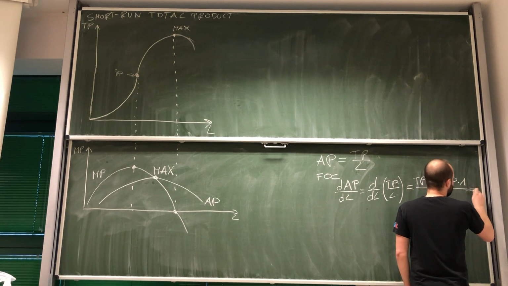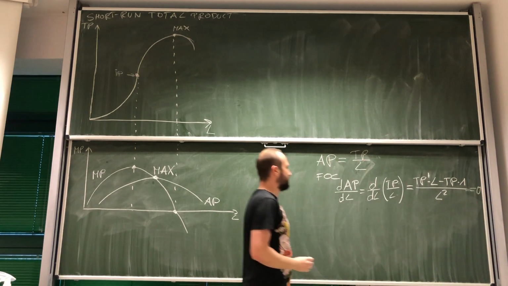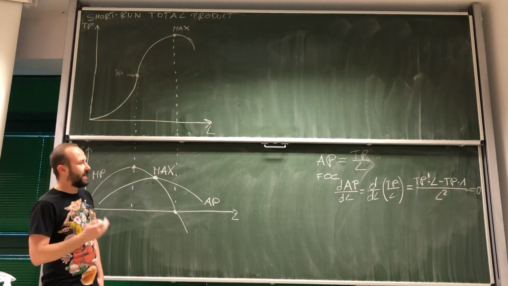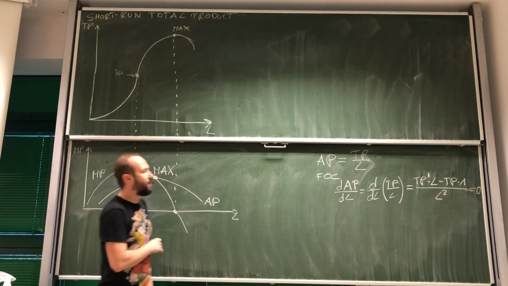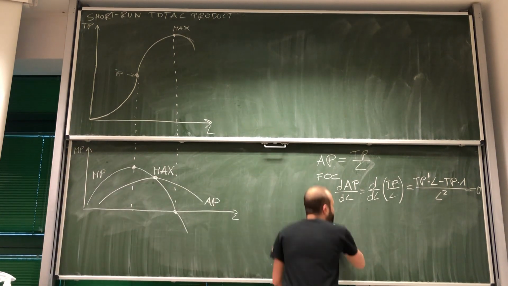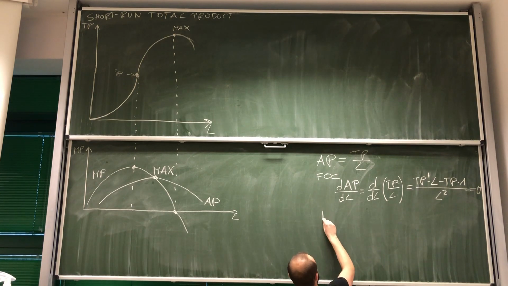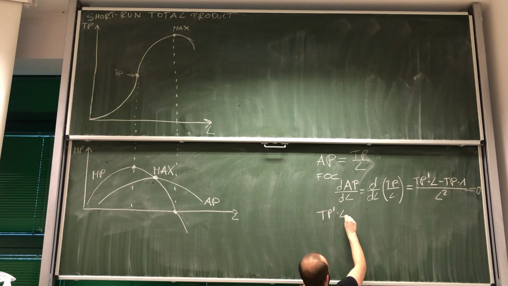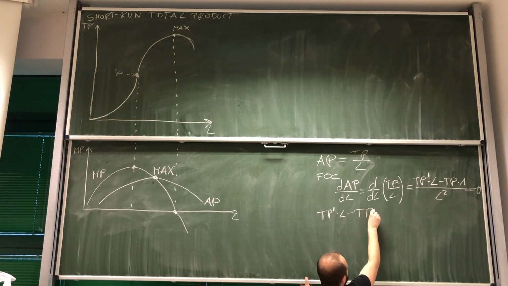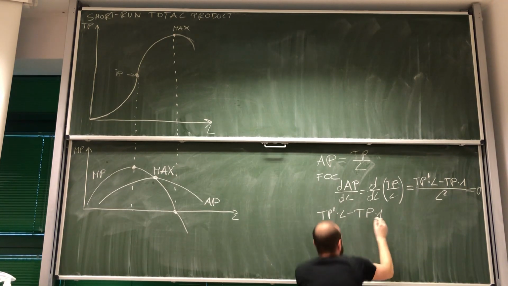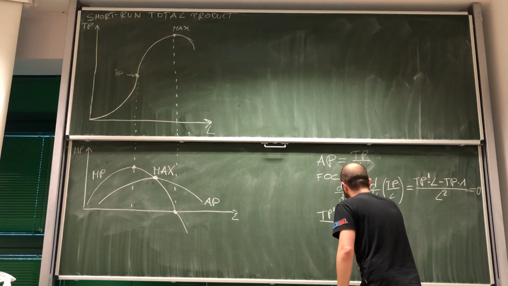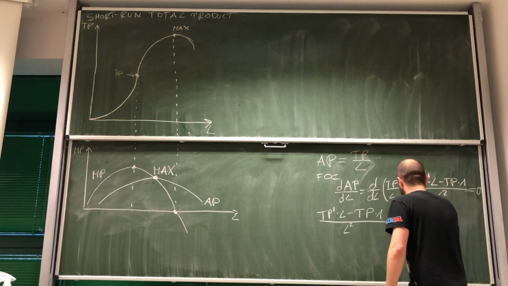And look, this needs to be equal to 0 to ascertain that this is a maximum. So what we got out of this is the total product prime times L minus Tp times 1 divided by L squared must be equal to 0.